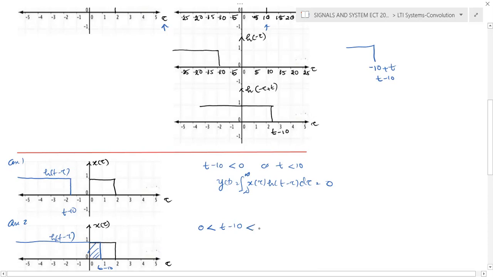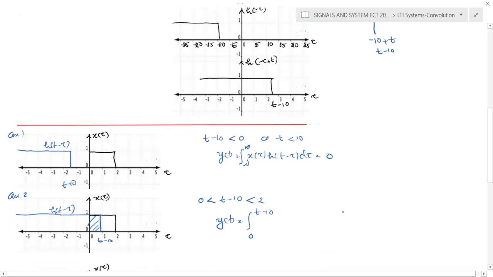That is, you can put the limit between 0 and 2: t minus 10 greater than 0 and less than 2. You can write y of t as the integration starting from 0 and going up to a maximum of t minus 10, because after t minus 10 there is no magnitude for h of t minus tau; it becomes 0. For this limit, x of tau is 1 and h of t minus tau is 1. If you integrate, you will get tau, and applying the limit 0 to t minus 10, finally you get t minus 10. So for the limit 0 less than t minus 10 less than 2, you will get t minus 10.